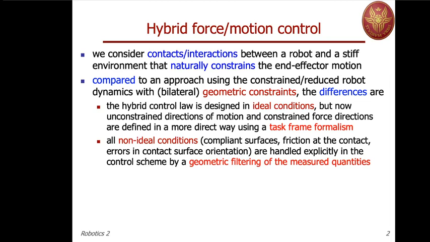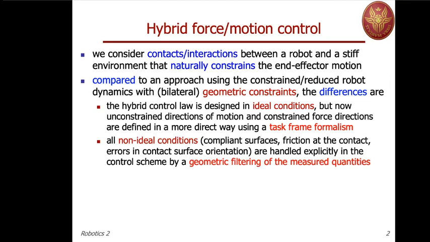Moreover, while in the geometric setting you don't consider friction at the contact, so while you're moving in contact, there's no force dissipating energy, we will also take into account this to understand the performance of the hybrid force motion controller.